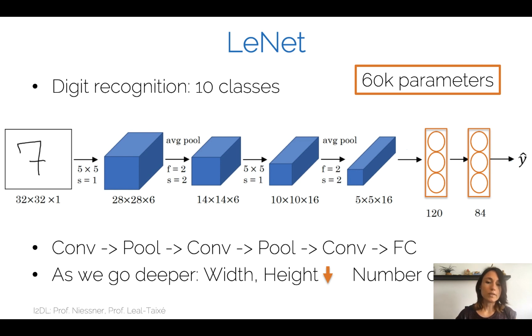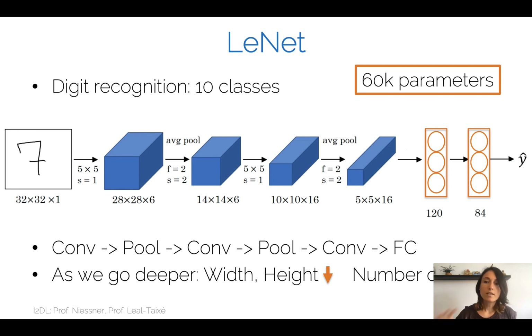And as we go deeper, we see that the width and height of our activation map goes down, therefore the spatial size is reduced, but the number of filters or the depth of our activation map is increased. So we're condensing spatial information into this set of channels.